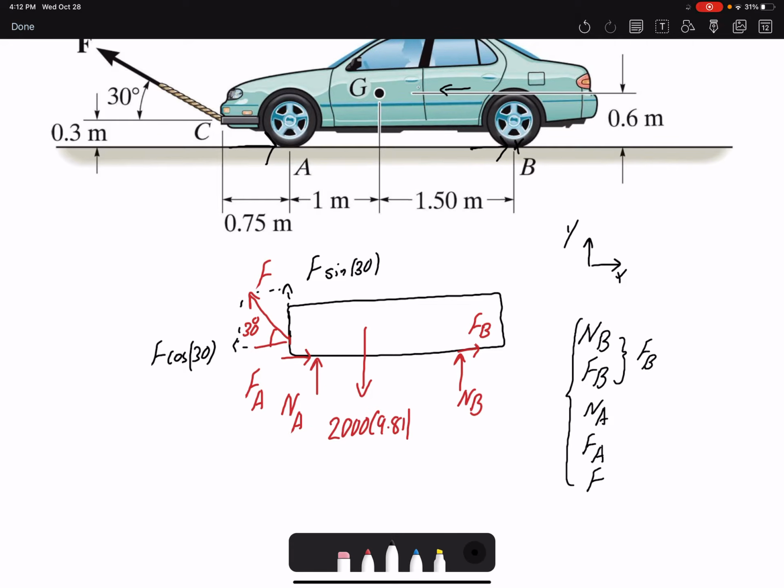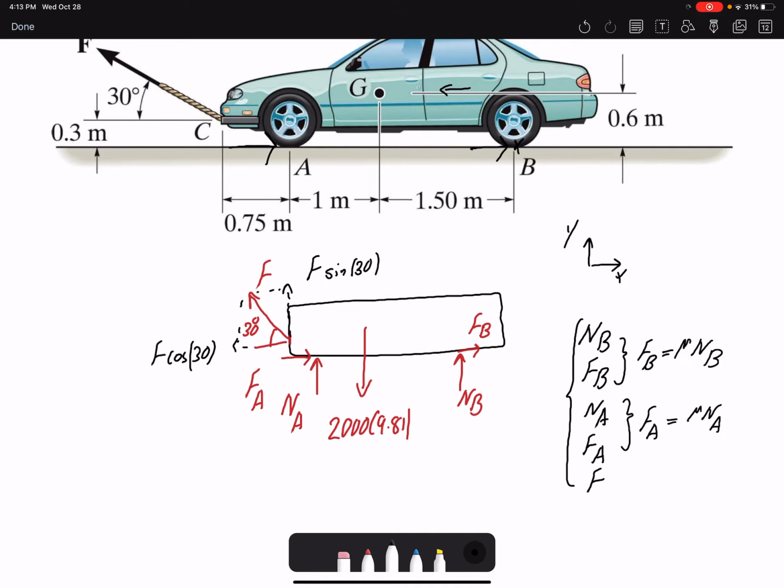I know there is impending motion or sliding, so FB is simply mu NB. So I get 2 more equations, or we can think of it as removing 2 unknowns. Now I have 3 equations. I can write 3 equilibrium equations, and I have 3 unknowns, and I can solve for those unknowns.